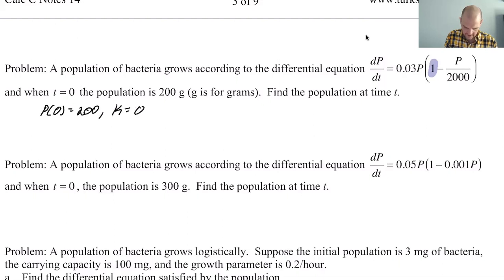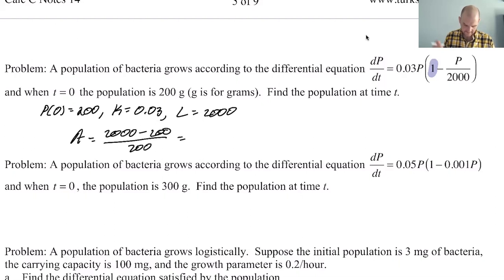We can see that K is 0.03. We can see that L is 2000. So A is going to be the limit minus the initial over the initial. That's 1800 over 200, so 9. It's not actually always 9, but it is frequently 9.